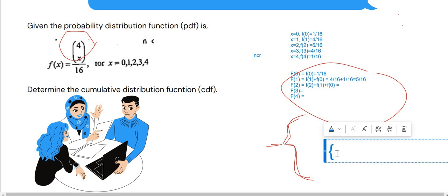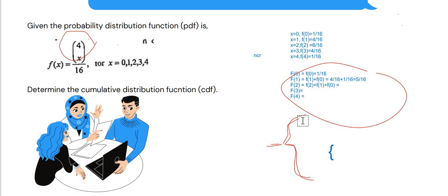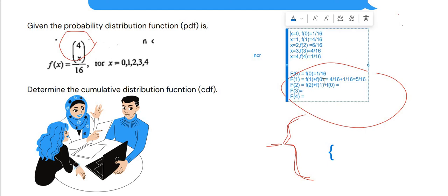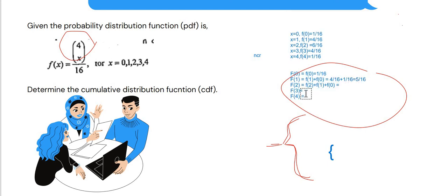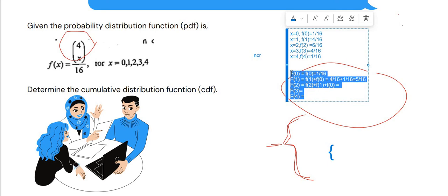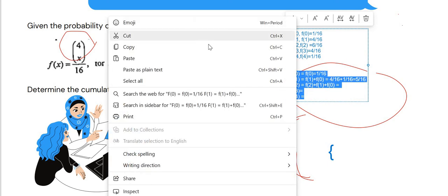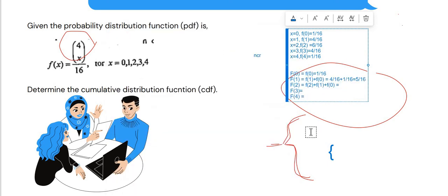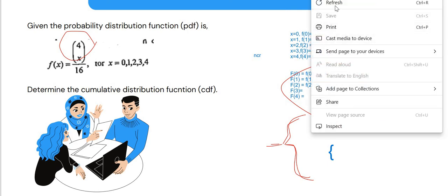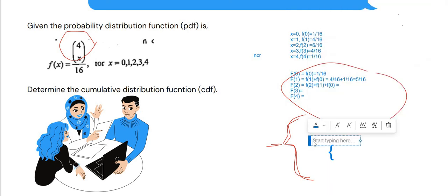Okay, they have this symbol, and then inside here you need to write all this. You just put it inside the bracket here.